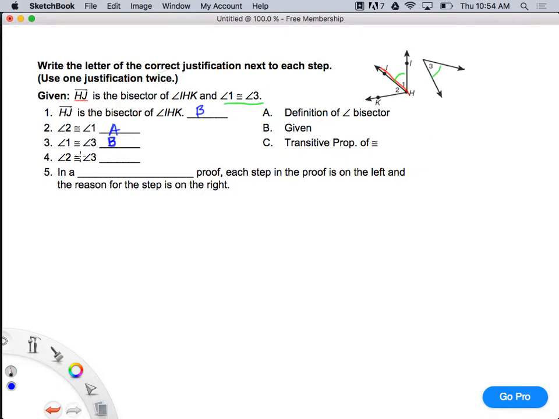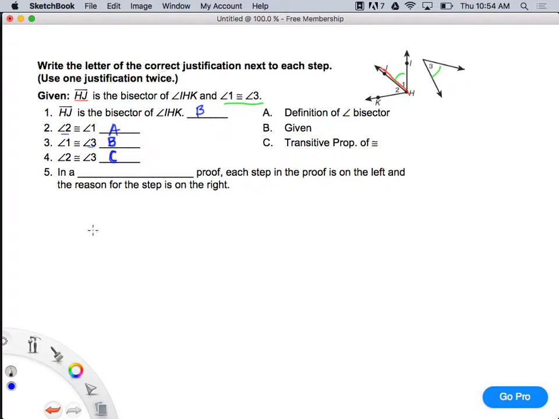Then the next one is angle 2 is congruent to angle 3. How do I know that? The transitive property of congruence. Look, 2 is congruent to 1, and 1 is congruent to 3. Therefore, 2 is congruent to 3 based on the transitive property.